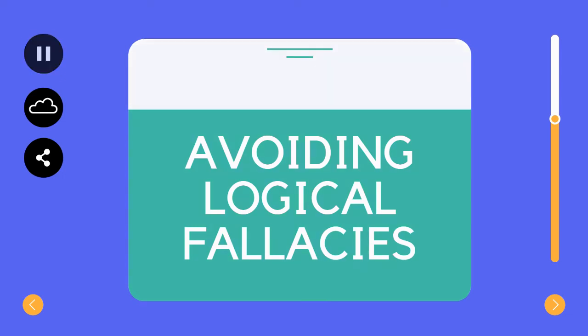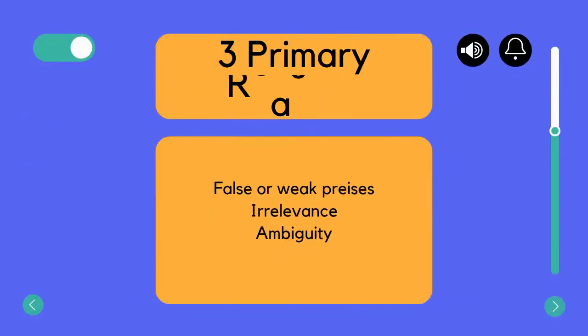Now, fallacies can exist for three primary reasons, and most of them fall under one of these categories. False or weak premises. Look at that misspelling there. You have irrelevance or ambiguity. False or weak premises is where the author is overreaching to make a point.